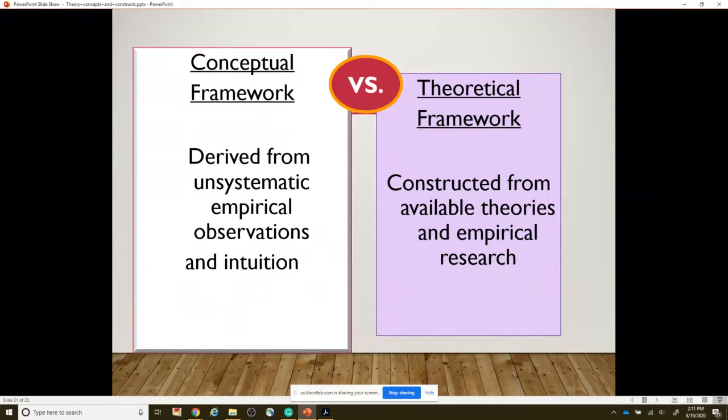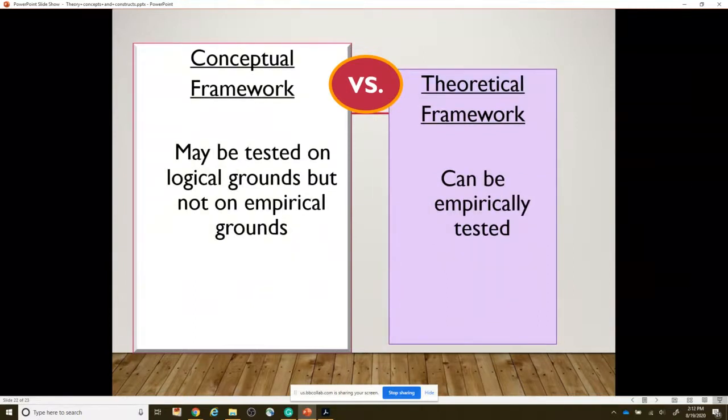So when you say intuition or non-scientific observations, it makes sense that those would be more broad. Conceptual frameworks may be tested logically: can you argue that logically it would make sense that X leads to Y? However, it cannot be empirically tested, whereas theoretical frameworks can be.